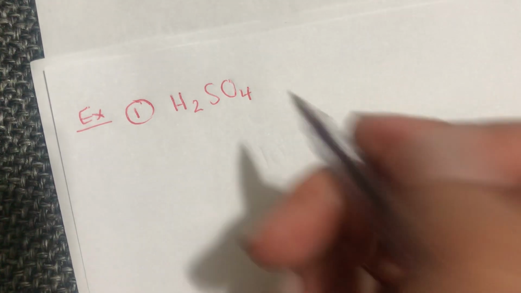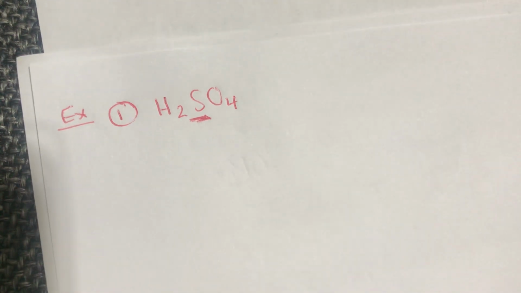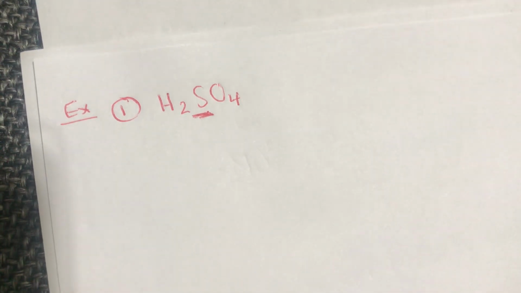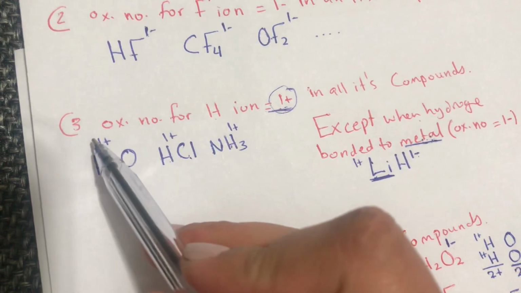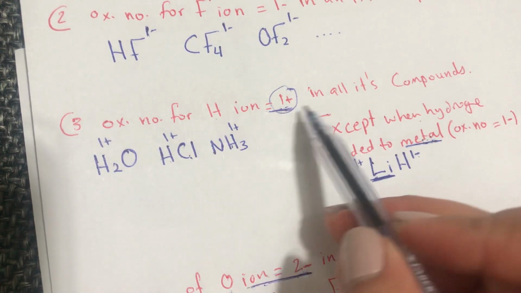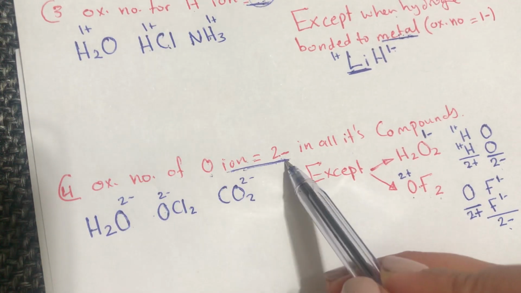So what is the oxidation number of sulfur? According to rule number 3, the oxidation number of hydrogen is +1, and according to rule number 4, the oxidation number of oxygen is -2.